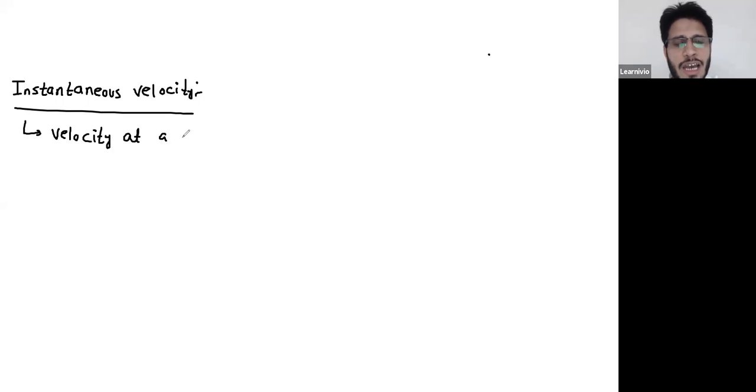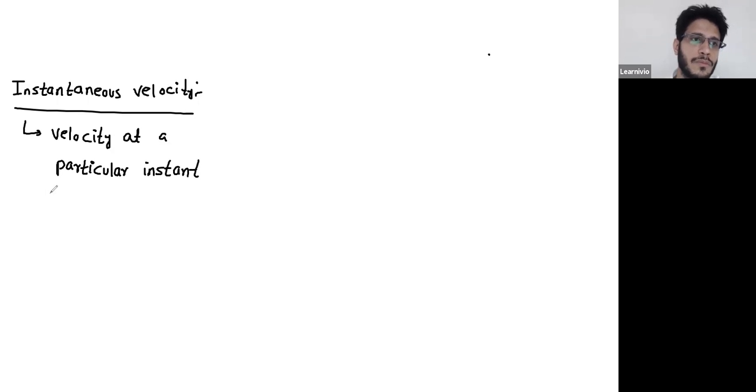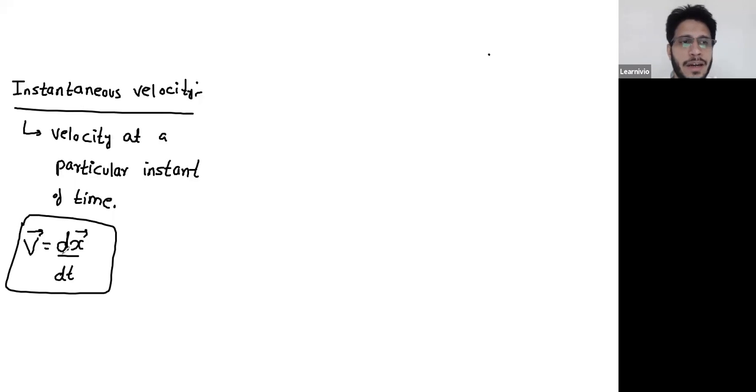So velocity at a particular instant of time is instantaneous velocity. Just like instantaneous speed, you can simply write instantaneous velocity as dx over dt. The only difference is that direction is involved.